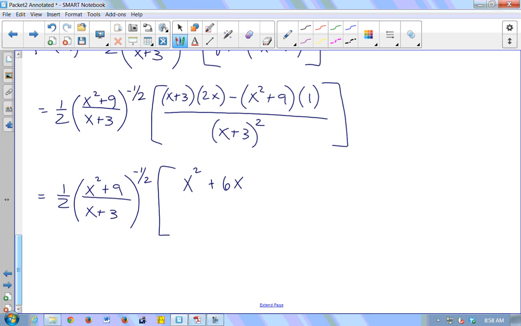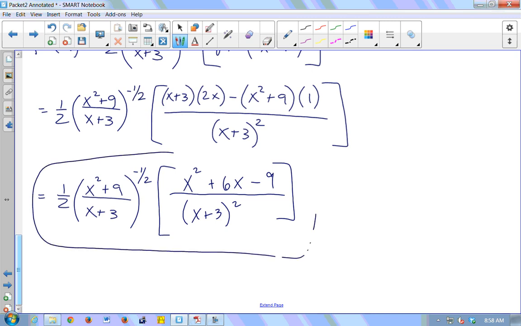And then I have a minus 9. Yeah, that's good. X squared plus 6x minus 9 doesn't factor, I don't think. If it was plus 9, it would factor, or minus 6x, it would factor. But we'll just leave it like that.